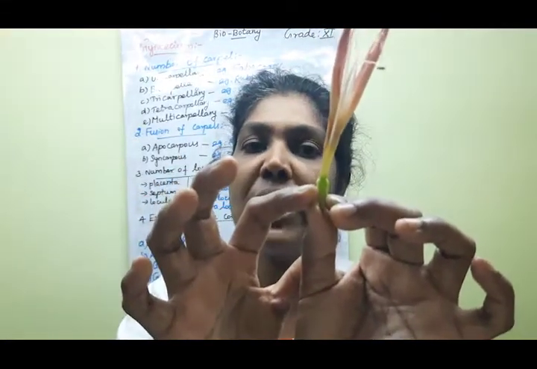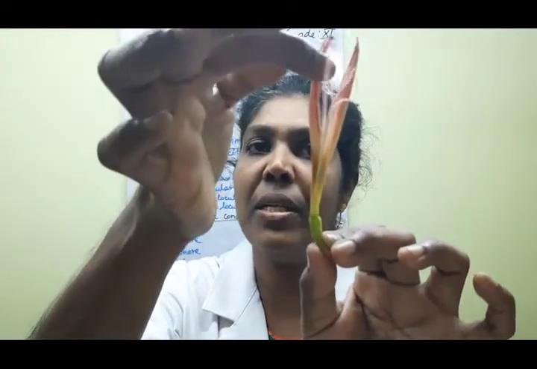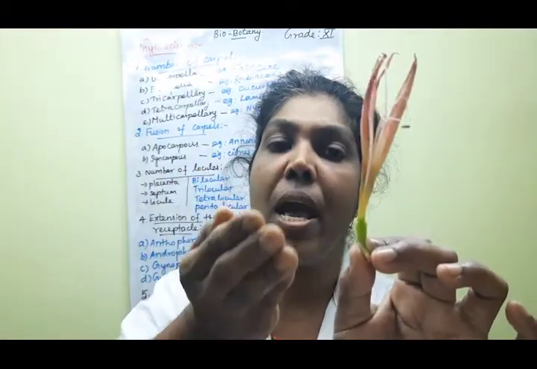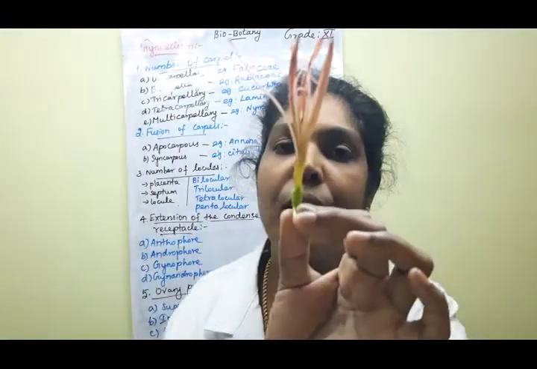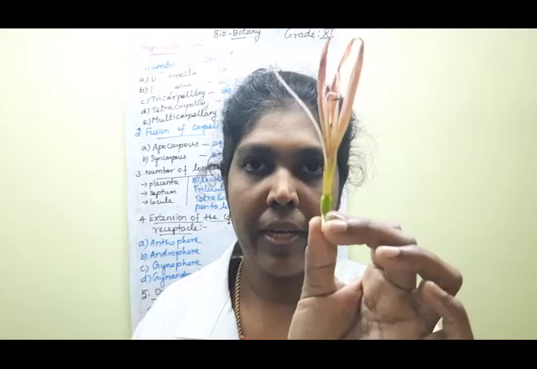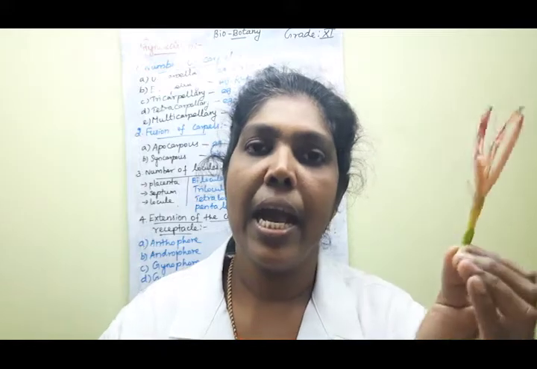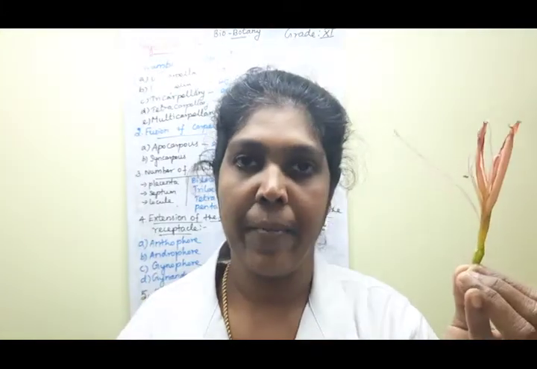This is the ovary, children. All the floral whorls, this is a stamen, this is a corolla and sepal, arise from above the tip of the ovary. That is called an inferior ovary. Clear children? Say yes or no. Yes. Then half inferior ovary.